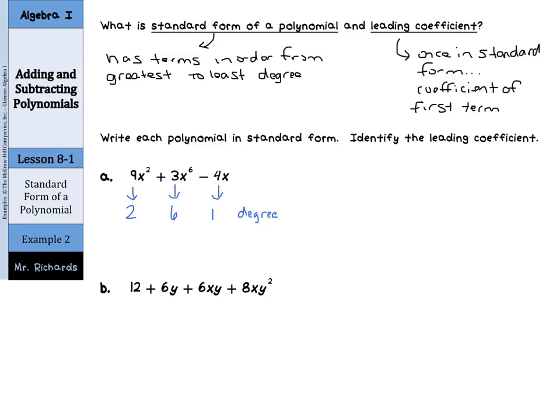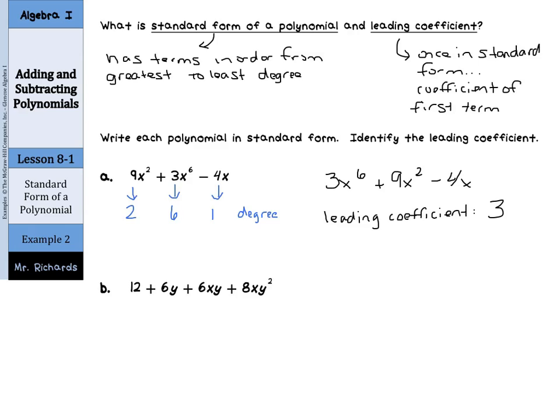So we'll start with our 3x to the sixth power plus 9x squared minus 4x. And that is the standard form of that polynomial. Now, the leading coefficient is not 9 here because it has to be in standard form. It is the 3.